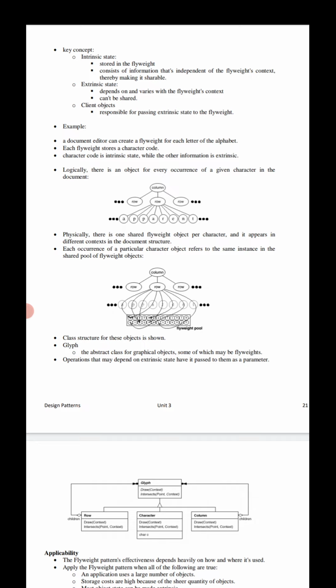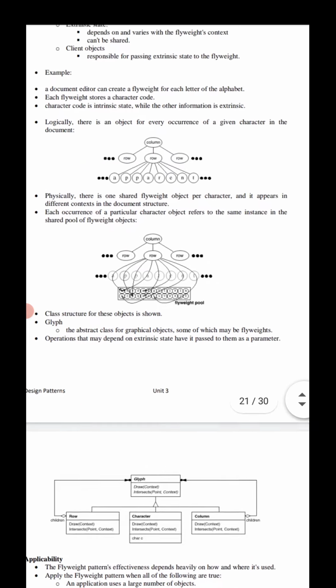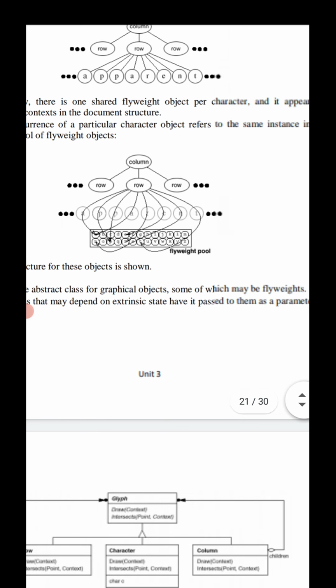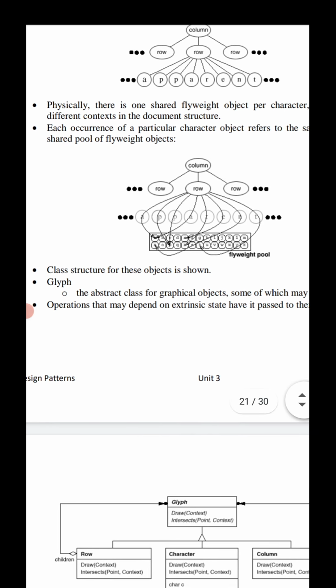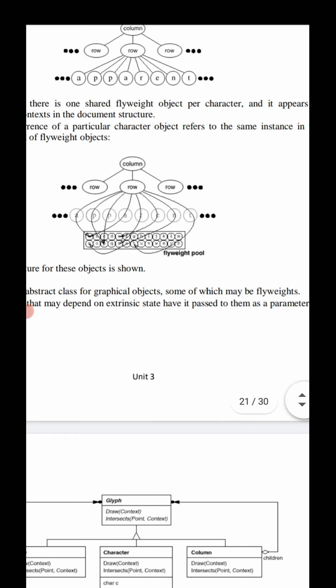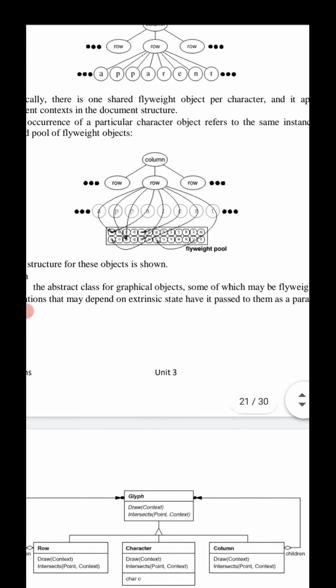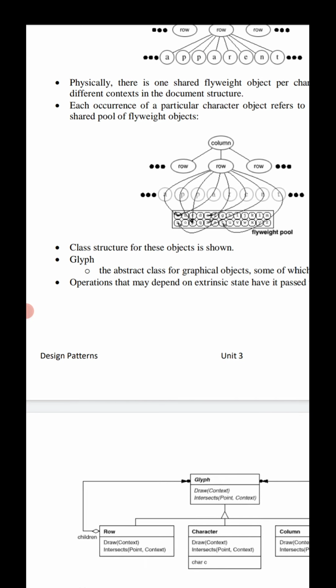Here look at the shared pool of flyweight objects. Column and row, apparent, is there. Each occurrence of a particular character object refers to the same instance in a shared pool of flyweight objects.